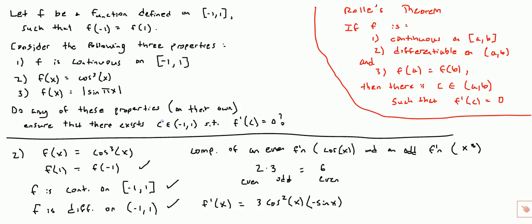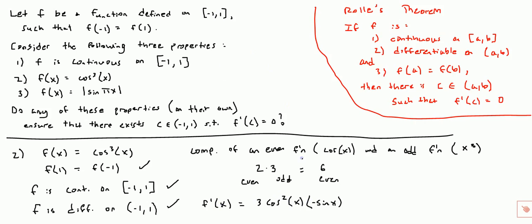The question doesn't ask for it, but what is that value c, such that f prime of c is equal to 0? Well, we've got f prime here. In order for f prime to be 0, one of these two factors has to be 0. You might say cosine of pi over 2 is equal to 0, but pi over 2 is outside of the interval.